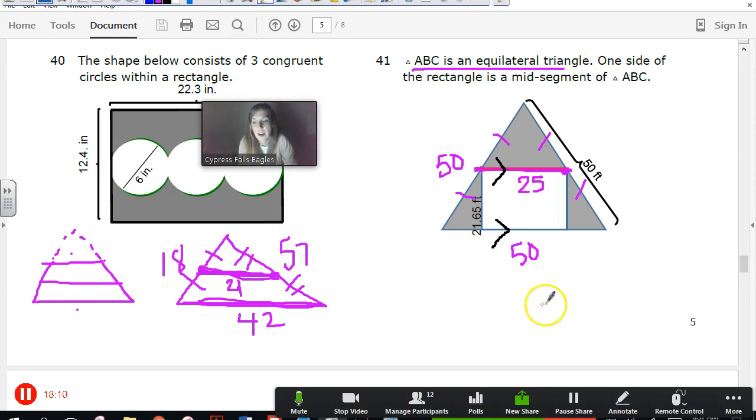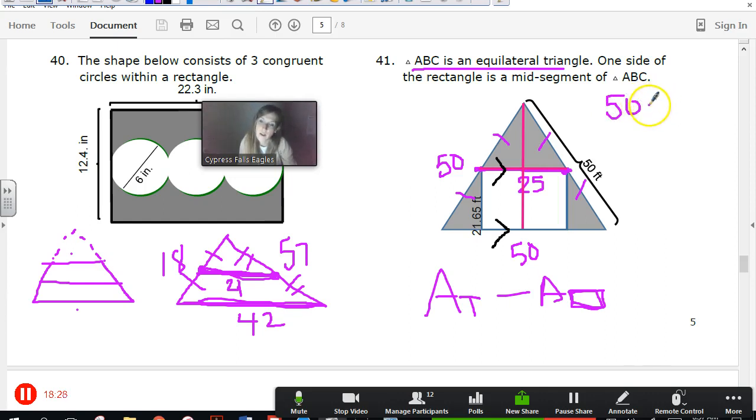Okay, we're going to do the area of the triangle minus the part we don't want, the area of the rectangle. The area of the triangle, you can do base times height divided by 2. The base is 50. The height is 25 root 3 divided by 2.